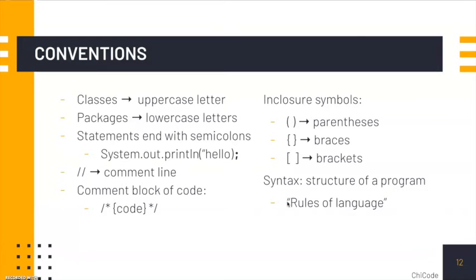Now let's talk about some conventions. As I mentioned before, classes always start with an uppercase letter, packages start with lowercase letters, and statements always end with semicolons. Now you can see here I have a statement and I have ended it with a semicolon. A double forward slash means that it is a comment line, so this is where you can write notes about your program or anything that you want a reader to understand.